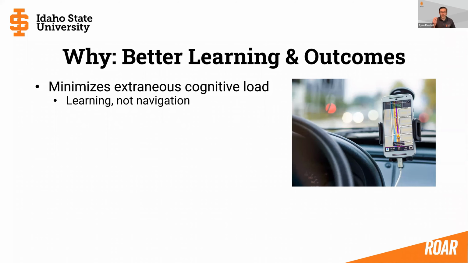What we can do is design for learning, not for navigation. Make sure that we focus on the things that we want the students to spend their time doing, instead of figuring out from all those signs on that first image, what's the important thing. This connects to the Quality Matters rubric, specific review standards 1.1, 1.2, and 8.1.